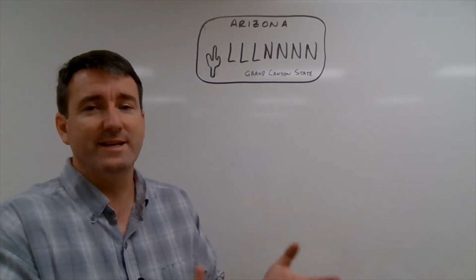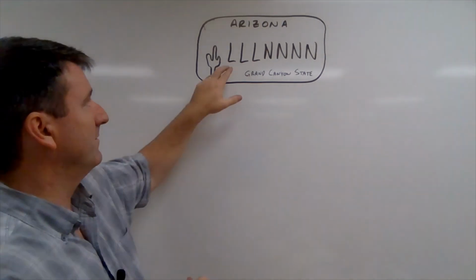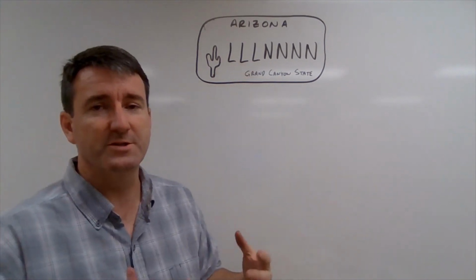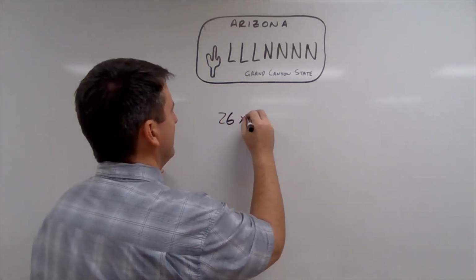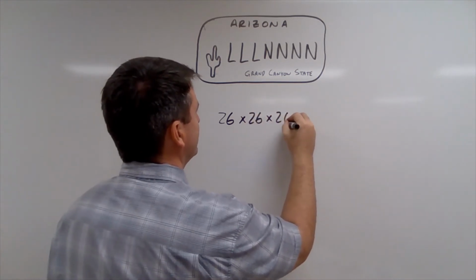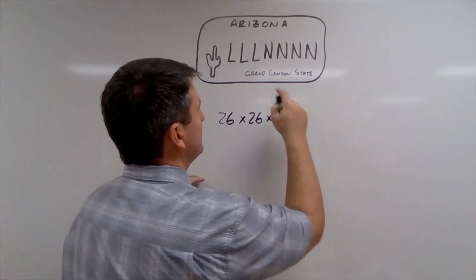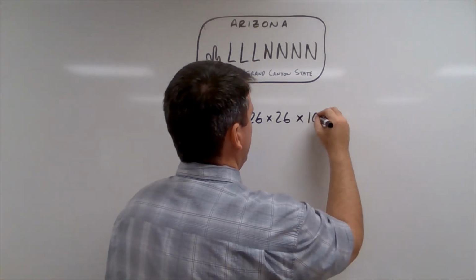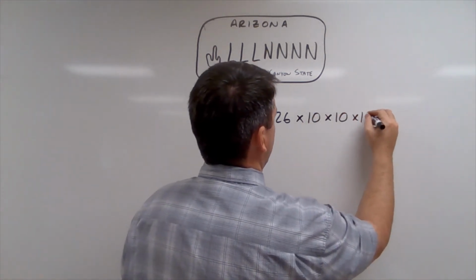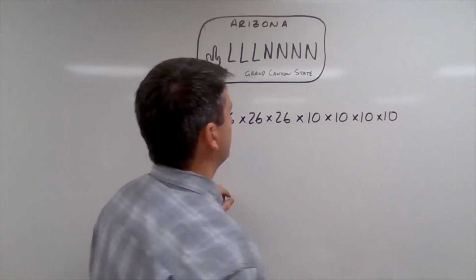So there's 26 different possibilities to choose from for each of these first 3 digits. So we've got 26 times 26 times 26 times, now we've got 10 numbers to choose from for the last 4. So 10 times 10 times 10 times 10.